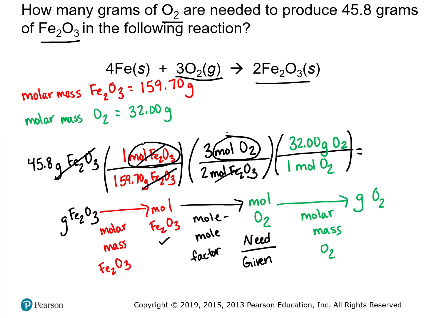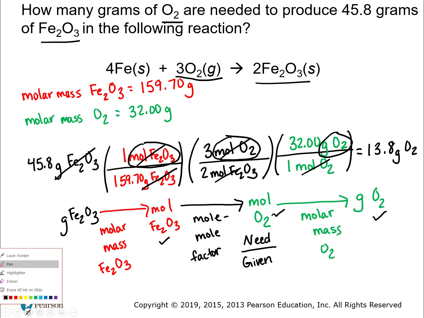The question is asking for grams, so we need to use the molar mass of oxygen gas. And that gets us to grams. When you put all that into your calculator, you should get 13.8 grams of oxygen gas.